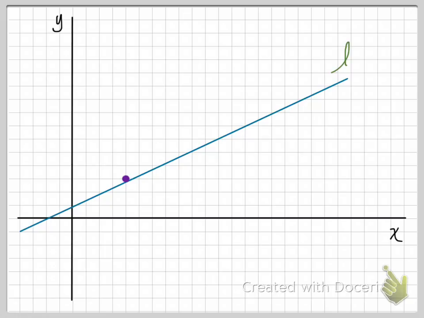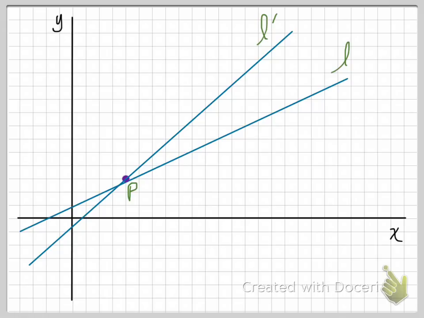And we'll call that point P. So there's point P on line L. And I'm going to make an assumption, which is wrong, but I want to contradict myself, that I can draw another line through point P, and we'll call this one L prime, that has the same slope, but is a different line. Okay, so that's what I've drawn.